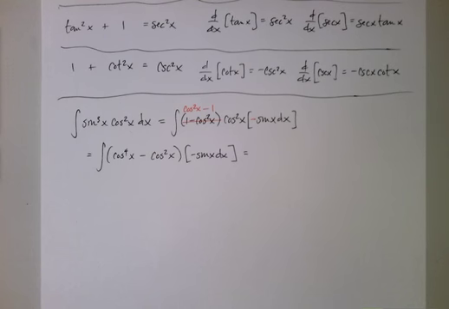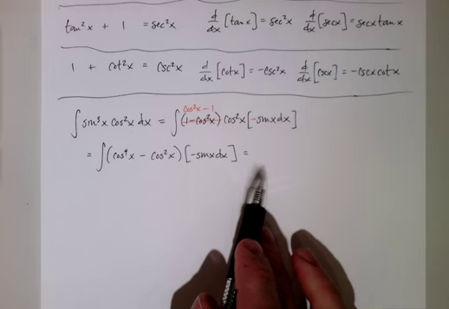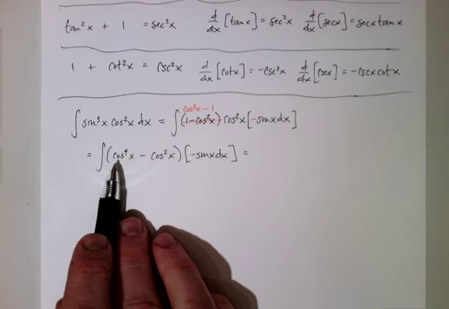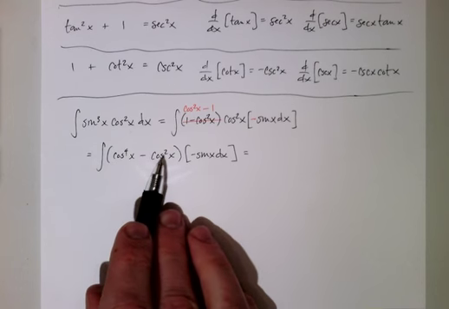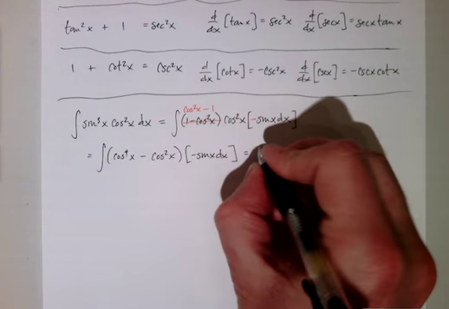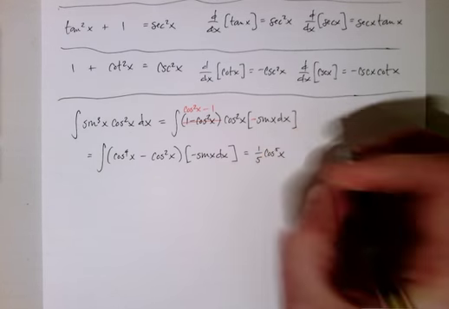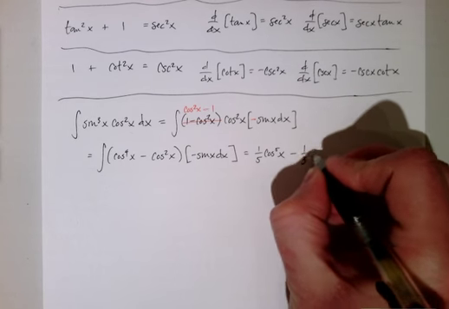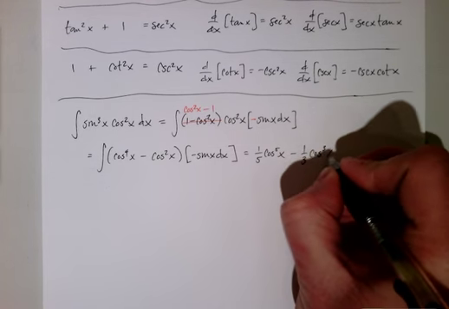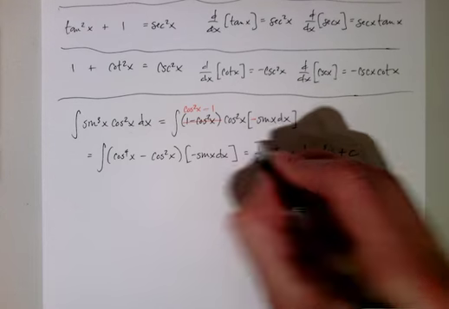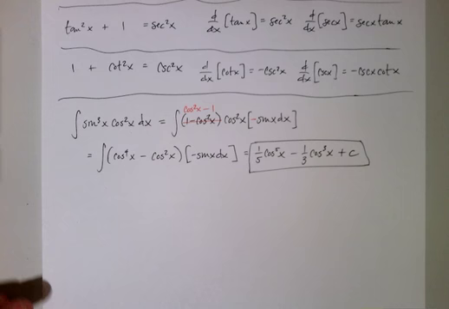I think we're familiar enough with u substitution that we don't have to go through the process of splitting it up. Once I split it up into two separate integrals, this is going to be u to the fourth du, and this is going to be u squared du. So I know that I'm going to get 1/5 u to the fifth minus 1/3 u cubed plus C. And that is going to be my integral.